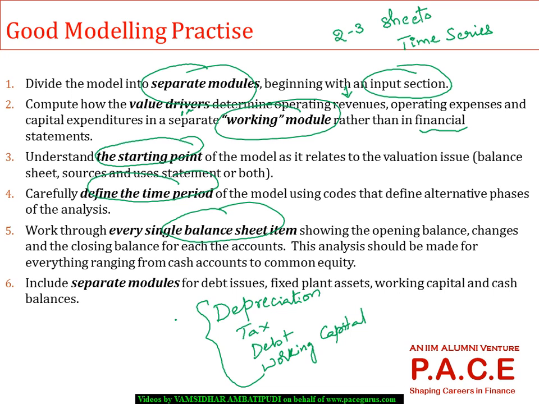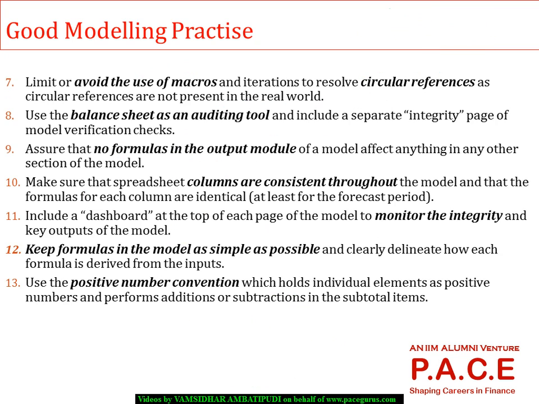Do a detailed calculation on each of them, especially depreciation, tax, cash flows, all these things. You create separate modules and then bring the summary of those modules or sheets into the main financial statements. And don't use too much of macros.